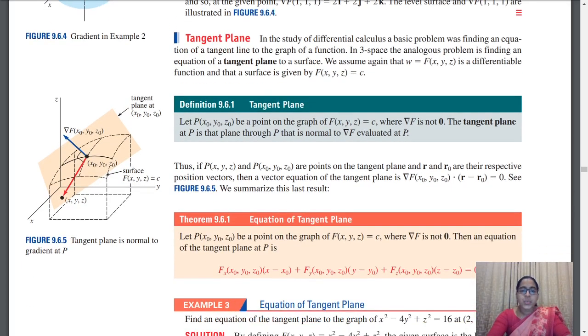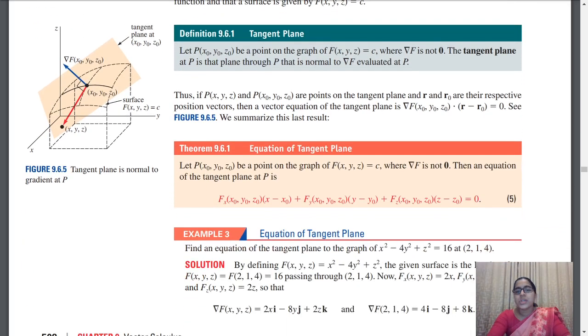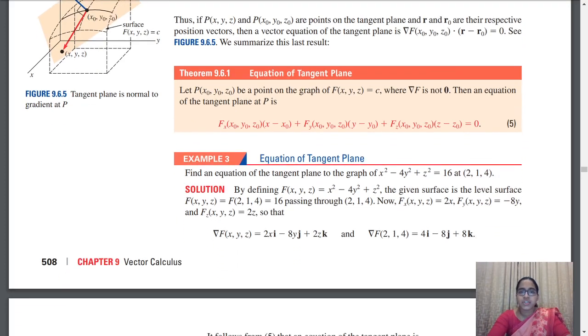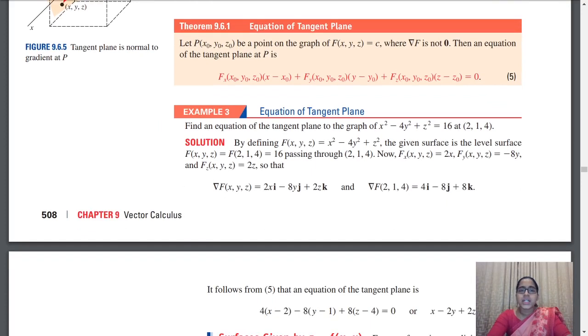So next we have Theorem 9.6.1, which will help us to find the equation of the tangent plane. The theorem states that let P(x₀, y₀, z₀) be a point on the graph of f(x, y, z) = c, where grad f is not 0.